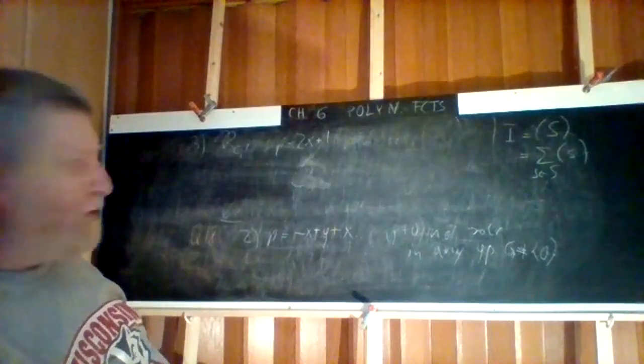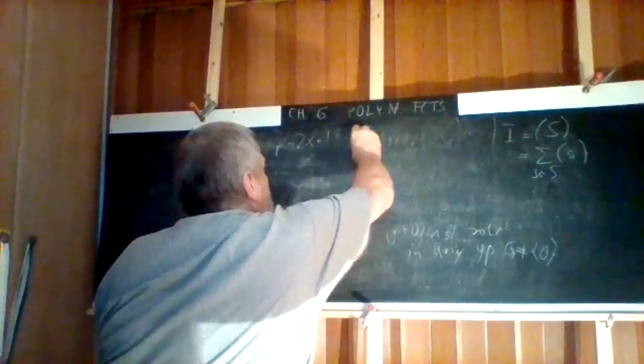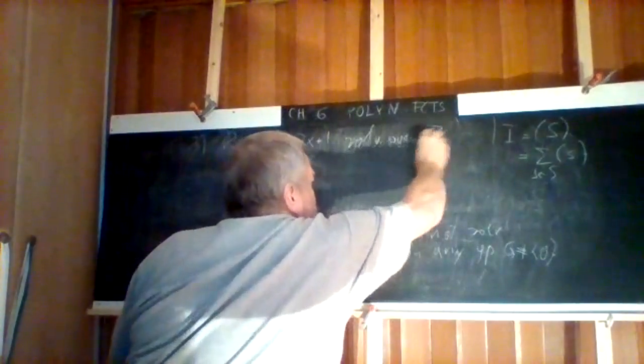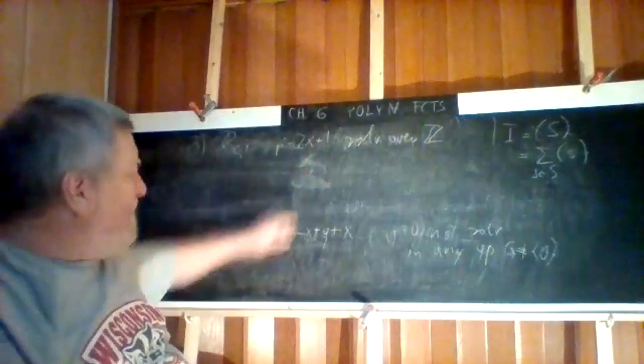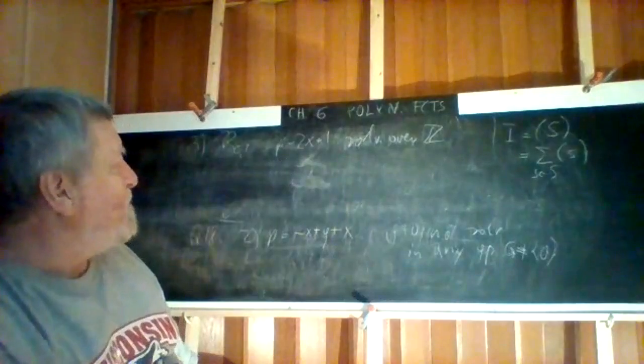This is solvable over the integers, but not within the integers, because 2x plus 1 equal to 0 has no solution.